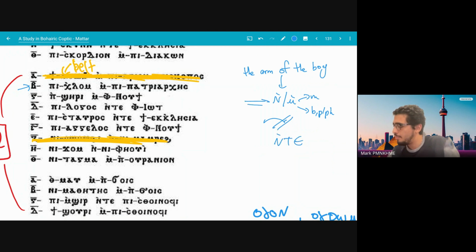An M means a very strong correlation between both items. Nt means which happens to belong to. So we say the book which happens to belong to the monk, but you would say the word of the father. That's a very intrinsic value of the word being that of the father. Ente is a little bit of a weaker connection, just the book that happens to belong to me or to the monk.